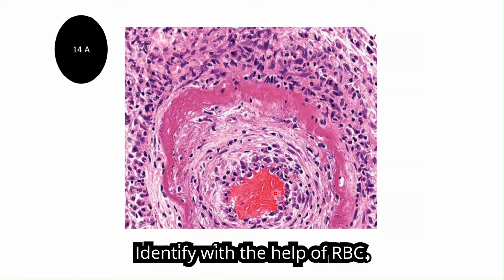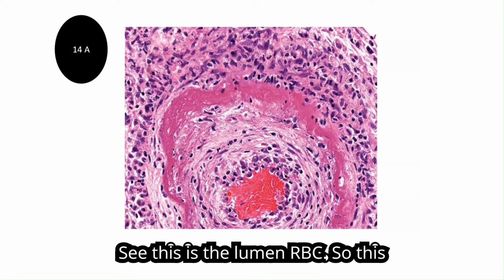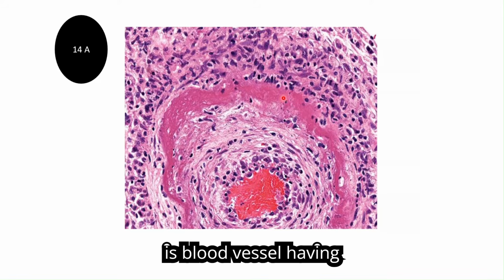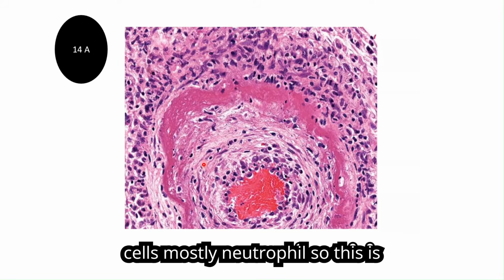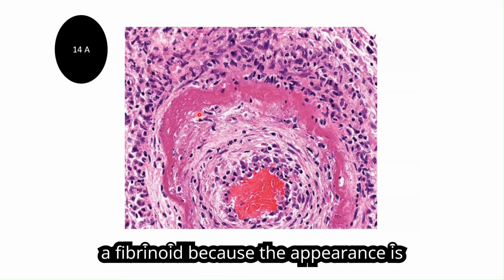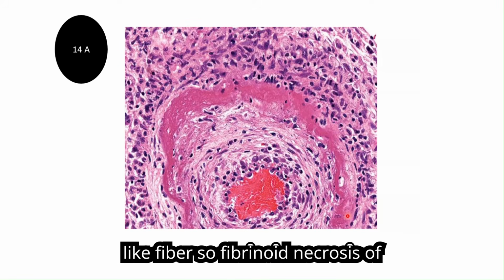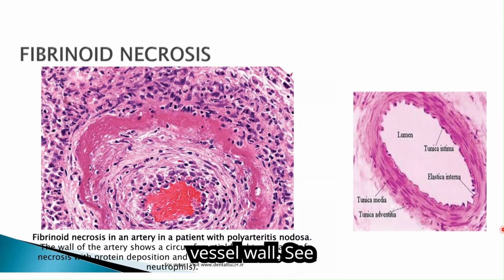Identify with the help of RBC. See, this is the lumen with RBC. So, this is blood vessel having pink deposition and some inflammatory cells, mostly neutrophils. So this is fibrinoid because the appearance is like fiber. So fibrinoid necrosis of vessel wall.